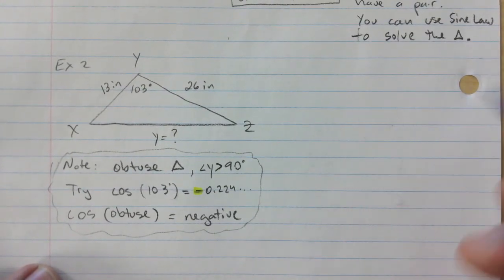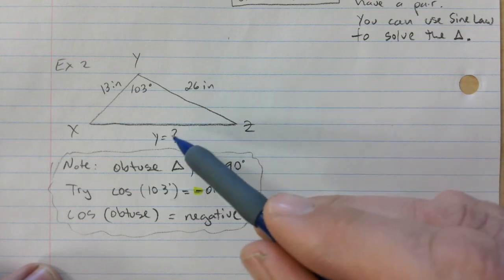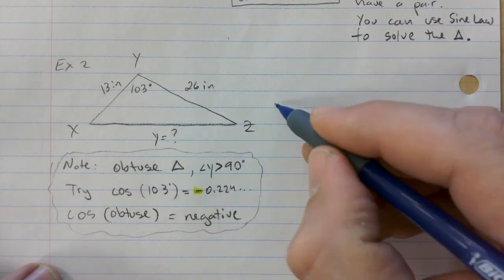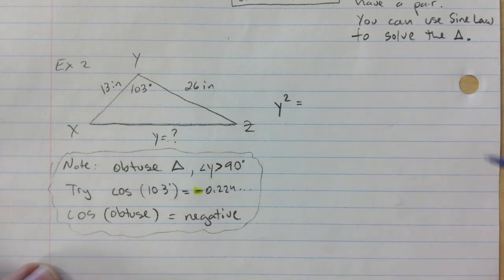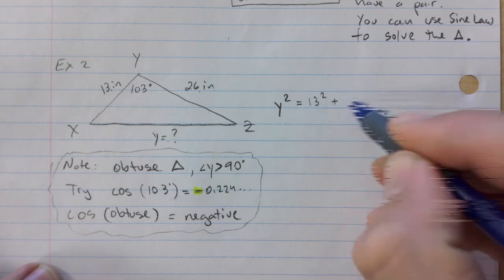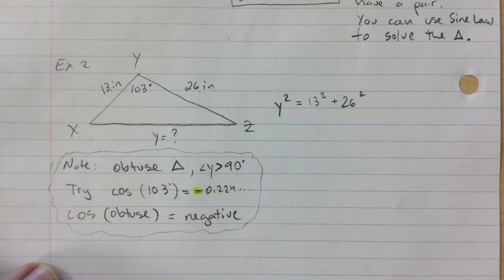But it's almost like with technology nowadays, a lot of these nuances are no longer an issue. So you want to solve for y. I am going to skip the step where I write out the formula. I will just say, if I want y squared, I'm going to have to take the other two sides, square them. Could be a decimal, could be whatever.